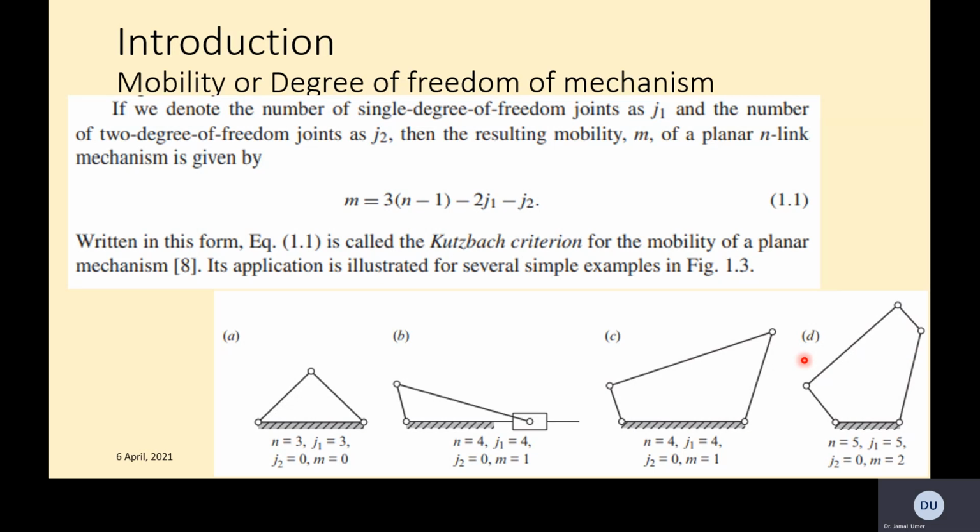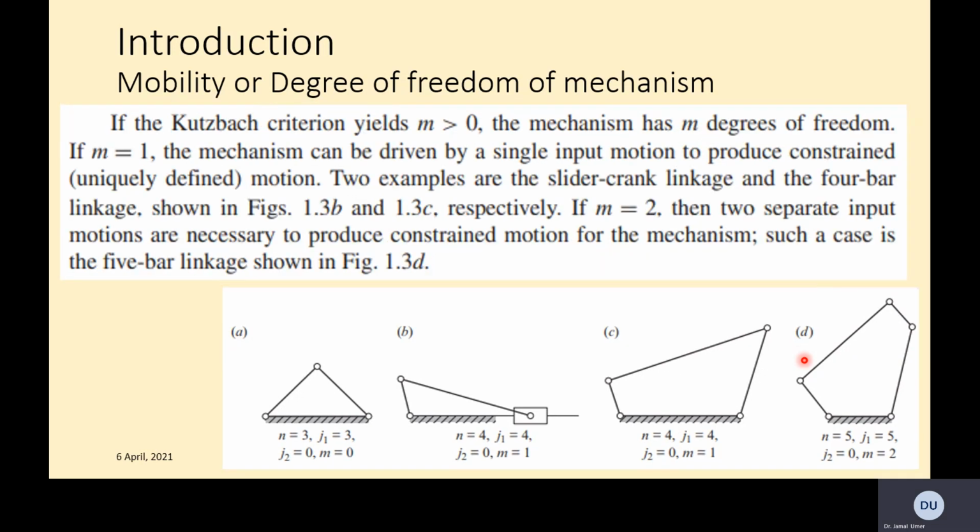All right. So if Kurzbach's criterion yields M greater than 0, the mechanism has M degrees of freedom. If M is equal to 1, the mechanism can be driven by a single input motion to produce constrained, uniquely defined motion, because when M is 1, the mobility is 1, the degree of freedom is 1.